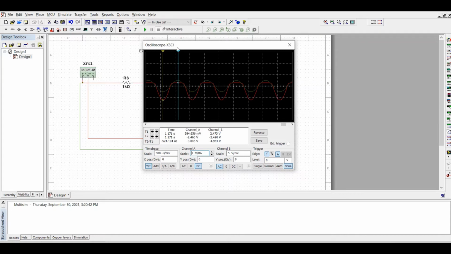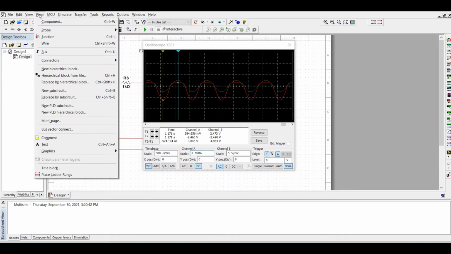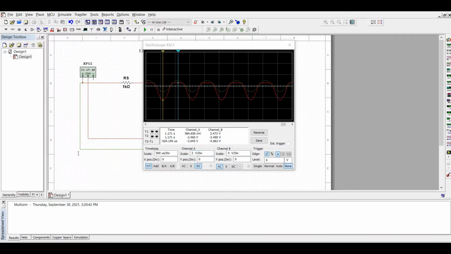Its value is 584.656 millivolts. So the practical value is 584.56 millivolts. So I'll just write the values over here so that you understand it.